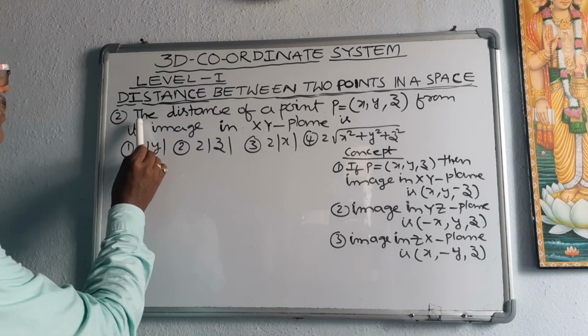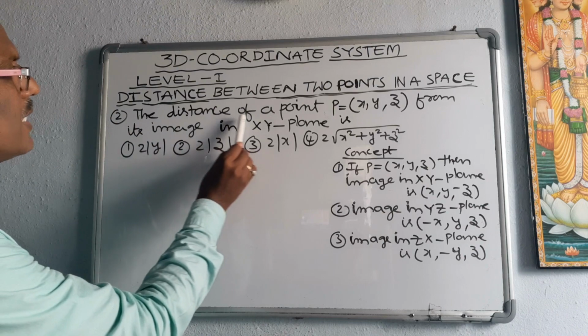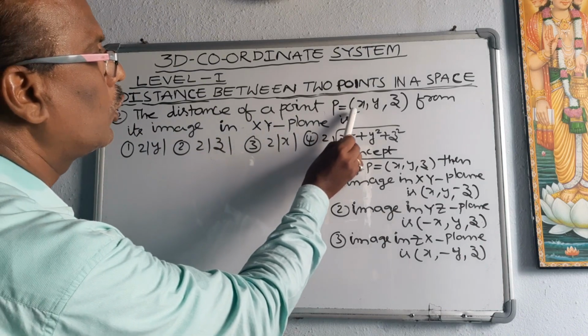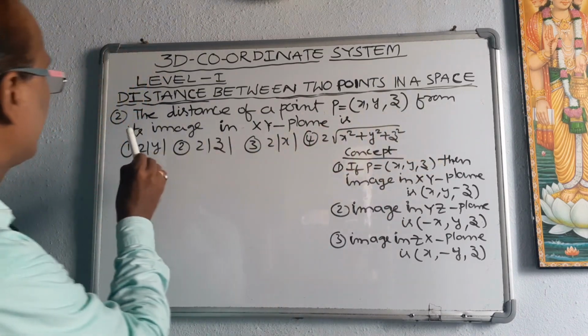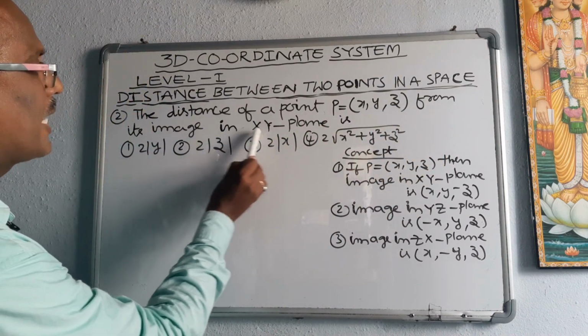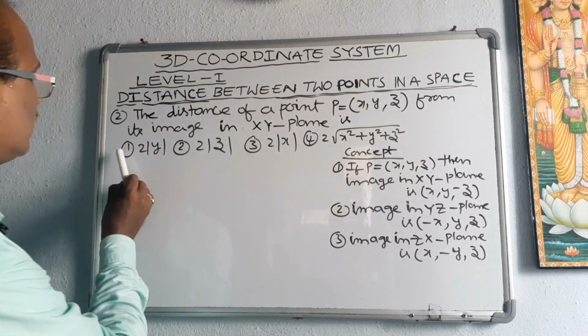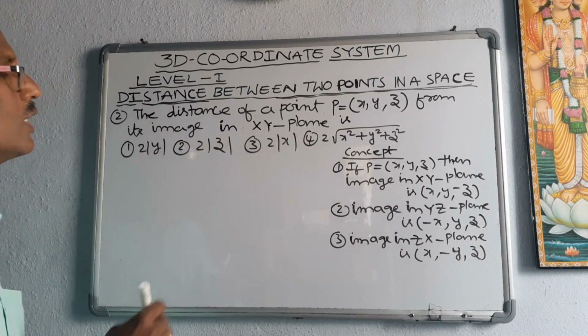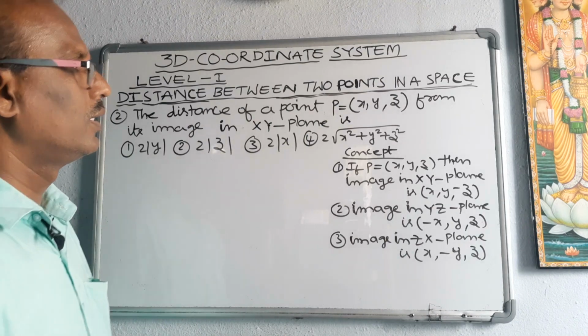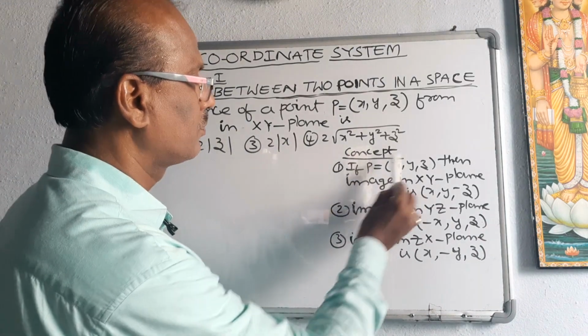Second question: the distance of a point P equal to (x, y, z) from its image in the xy plane is, these are the four options. Which one is correct? First, to solve the problem, here is one concept.